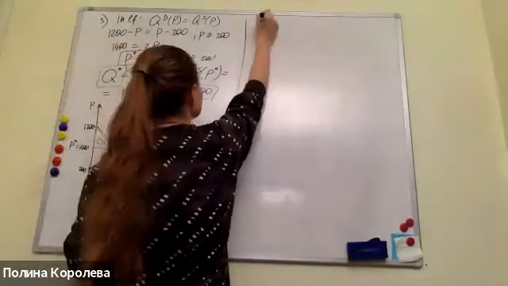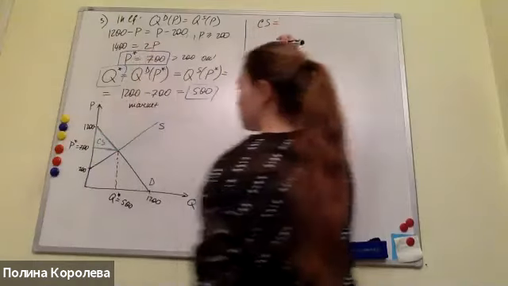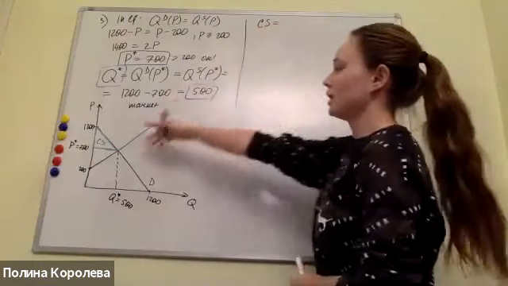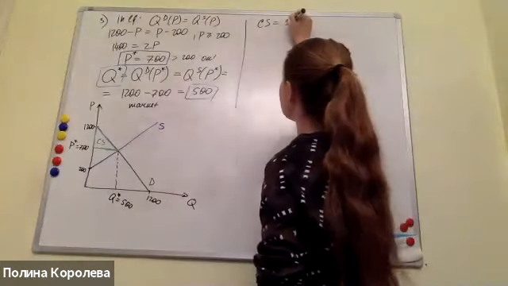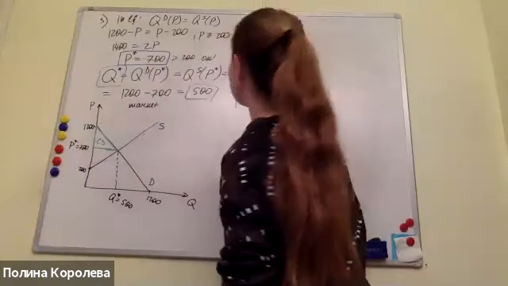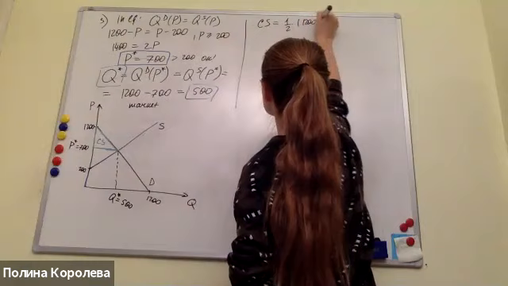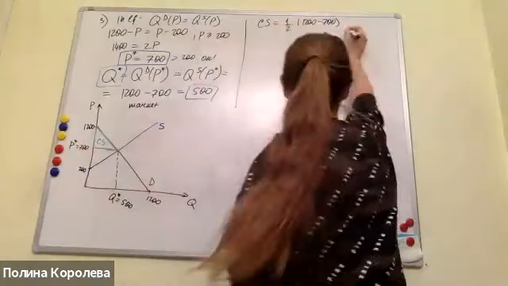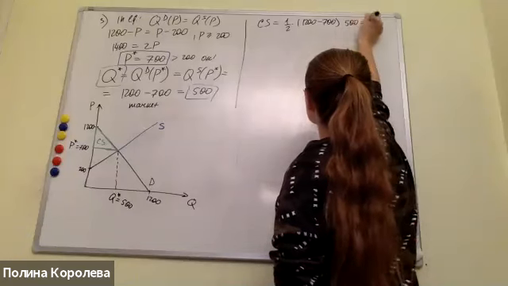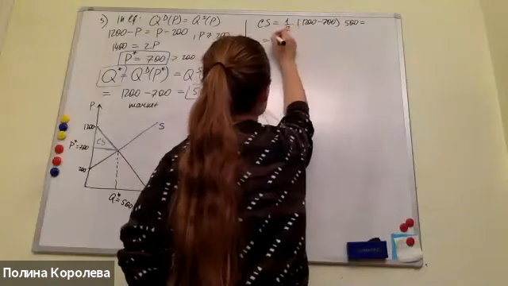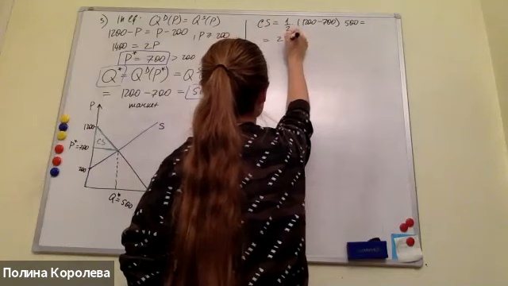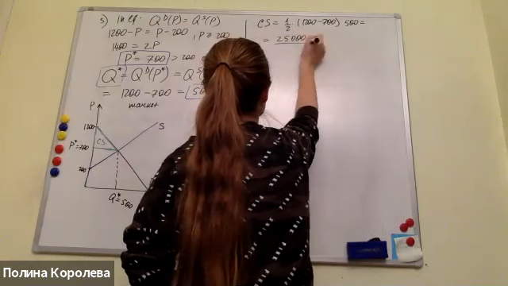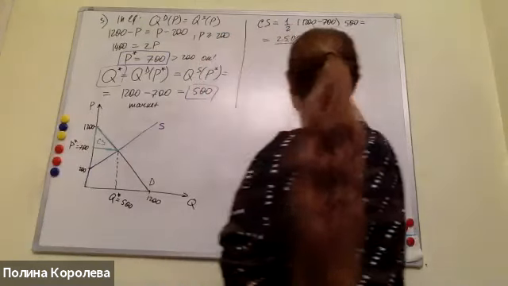So consumer surplus equals how much? The area of the triangle, 1/2 multiplied by the height, 1,200 minus 700, multiplied by the base, the quantity, 500. It is equal to that over 2.